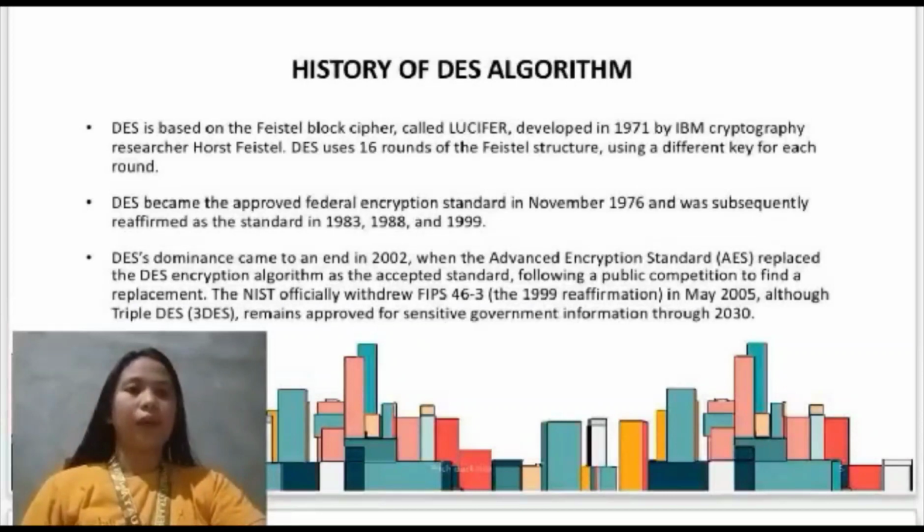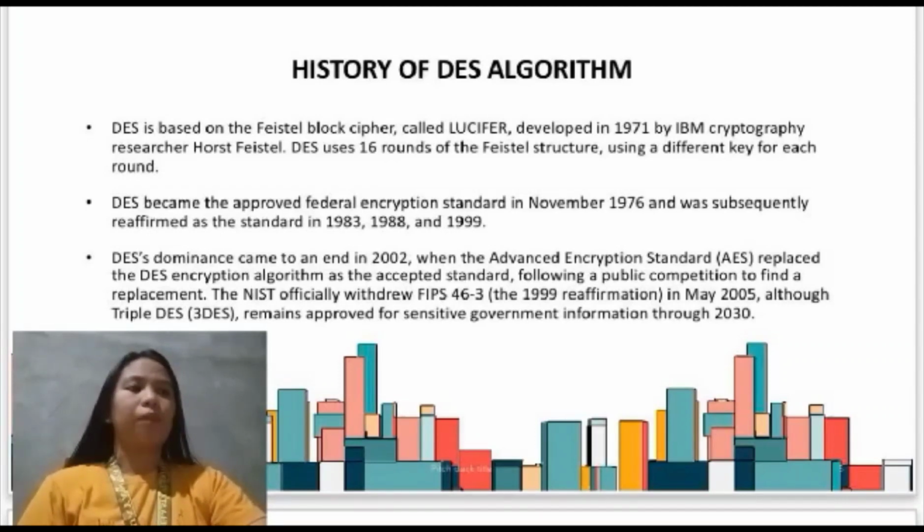History of DES algorithm. DES is based on the Feistel block cipher called LUCIFER, developed in 1971 by IBM cryptography researcher Horst Feistel. DES uses 16 rounds of the Feistel structure using a different key for each round.